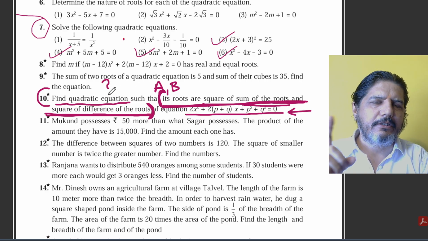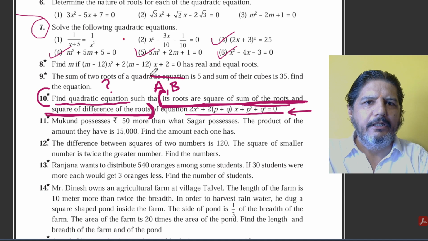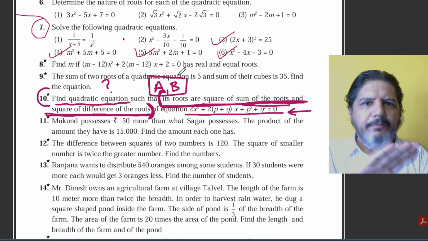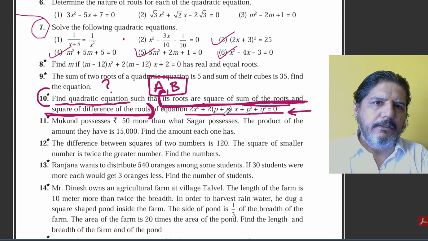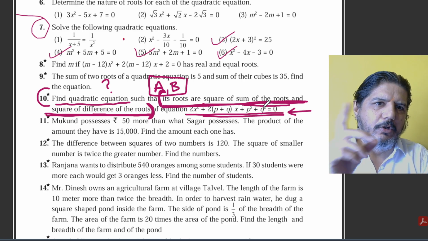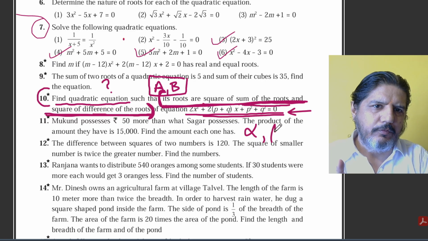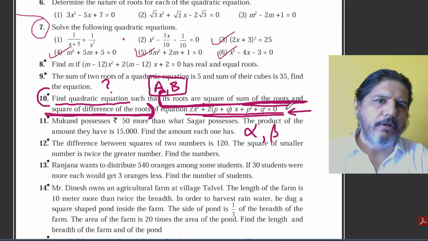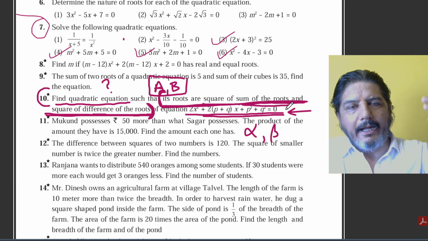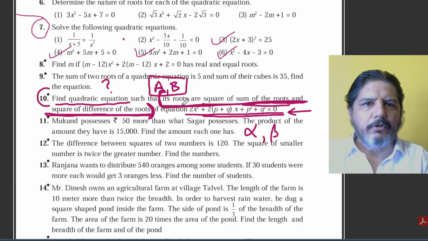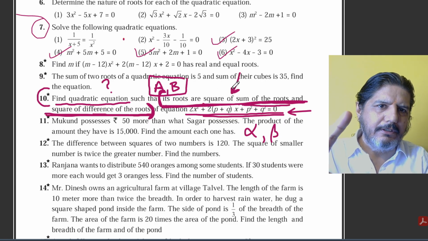And please remember that the quadratic equation that we have to formulate, we have assumed the roots to be a and b. Please remember that. And then in the last part of the word problem, they have given us some equation whose roots we have assumed to be alpha and beta. And now we are trying to find the values of alpha plus beta and alpha into beta, because that will lead us to this condition.